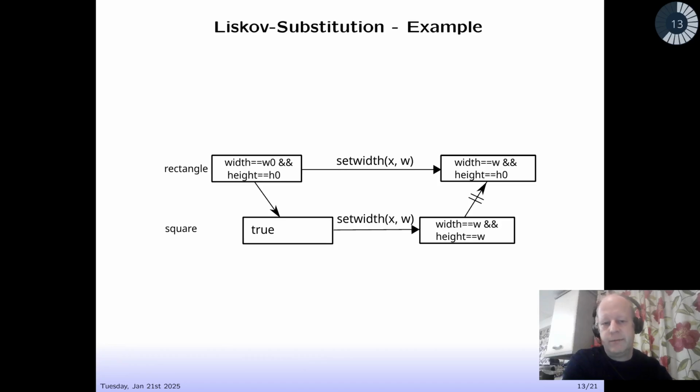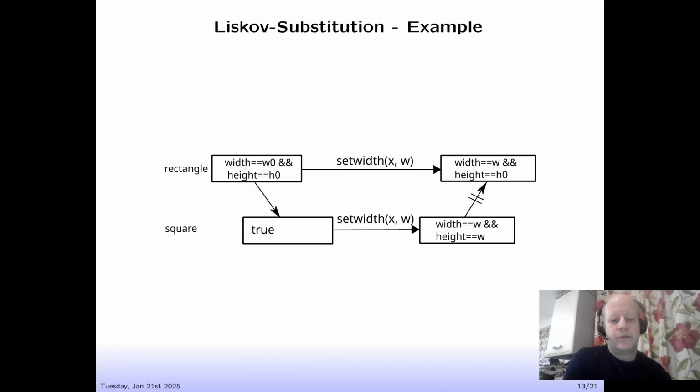And in our example, we can show that this is not maintained anymore. When the precondition is that width is W0 and height is H0, if we set the width of a rectangle, the width will now be W and the height will still be H0.